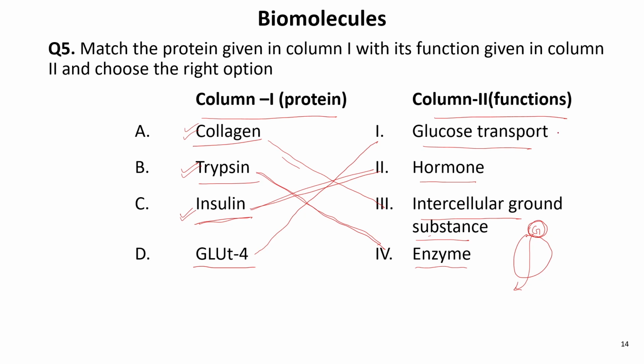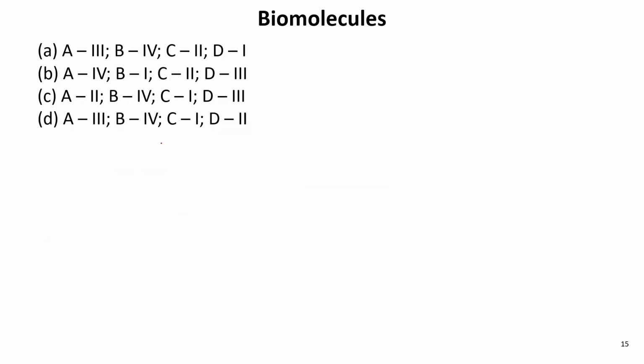So it helps in glucose transport. So if we have a match, then we can write A matched with 3, B matched with 4, C matched with 2, and D matched with 1. Okay, so this is the correct match.